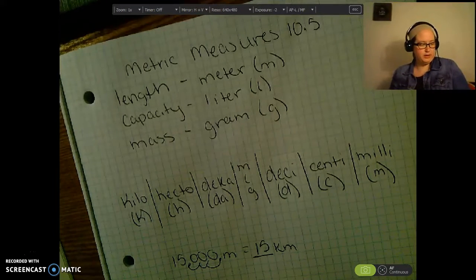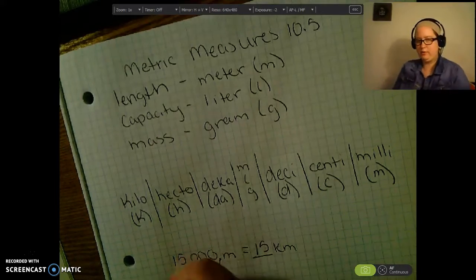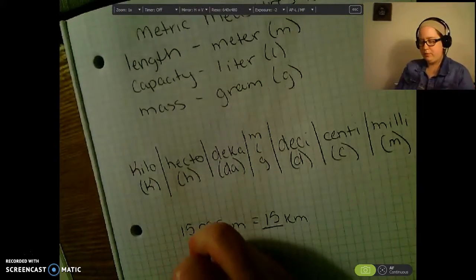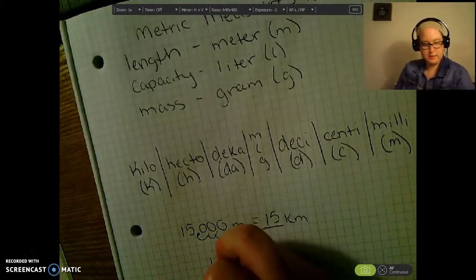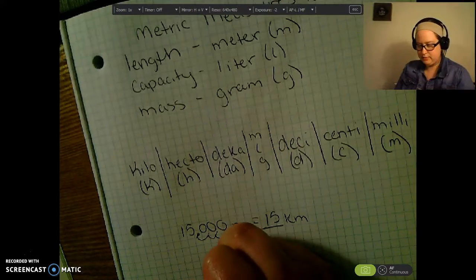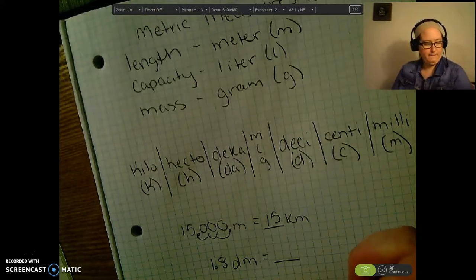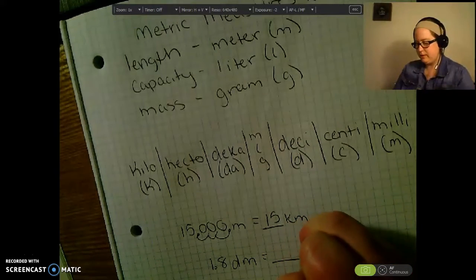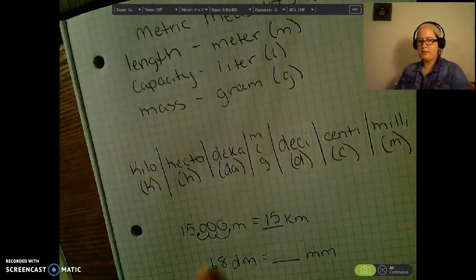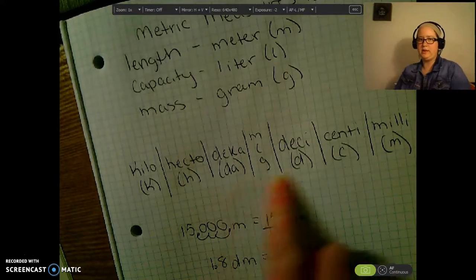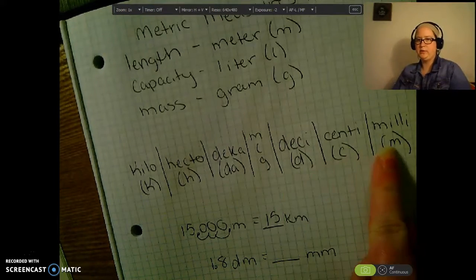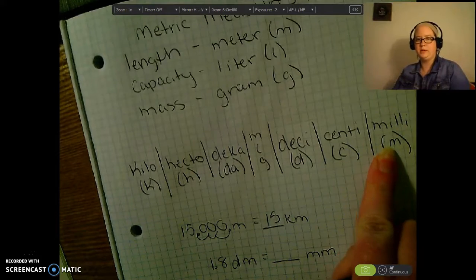If we look at another example, if we have 1 8/10 decimeters, how many millimeters does it equal? Deci is just the D and then your base. So we're going to start here and go to millimeter.